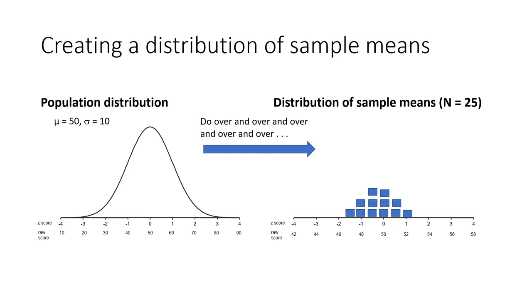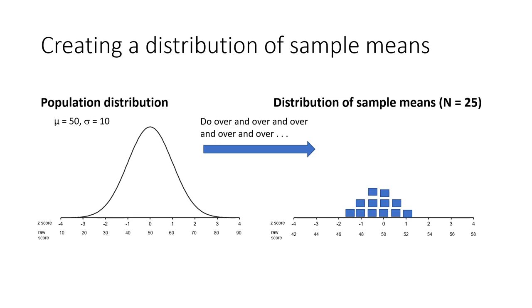And then I'm going to keep doing this over and over again until I get every single possible combination of 25 people from the population. Now let's think about what that means. If Bobby's in the population, I'm going to get Bobby paired with every other possible combination of 24 people and compute their mean every single time.